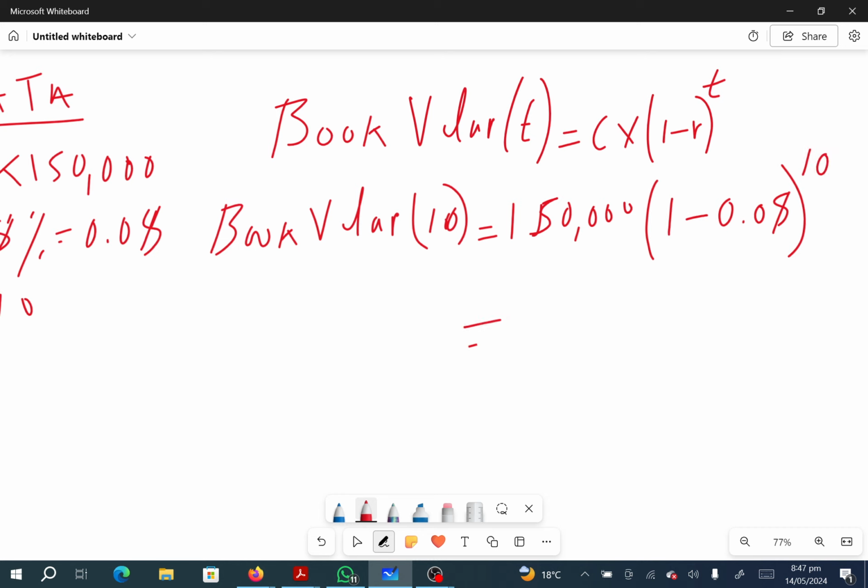So what's our book value? We'll say 150,000, then we'll deal with what is in the bracket. So 1 minus 0.08 will give us 0.92 to the power 10.